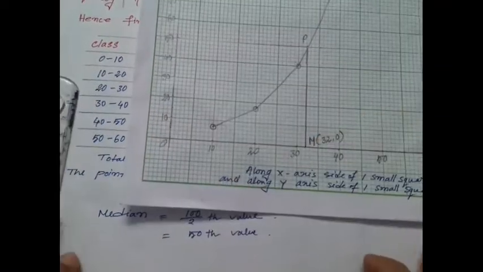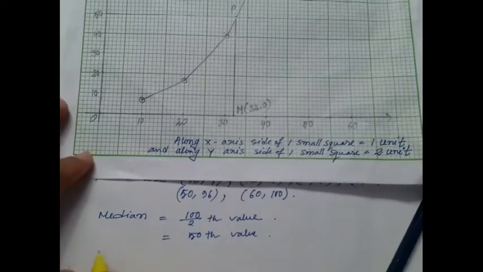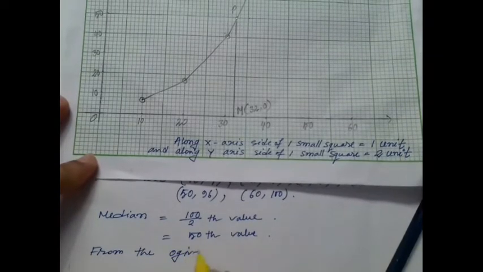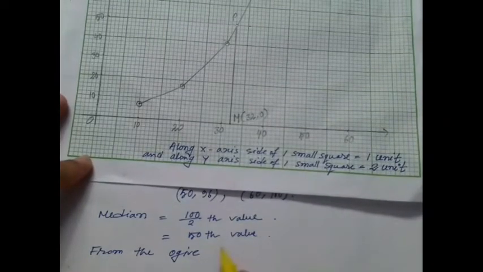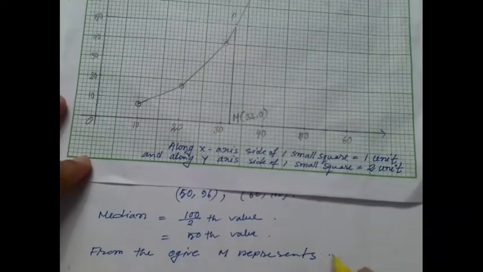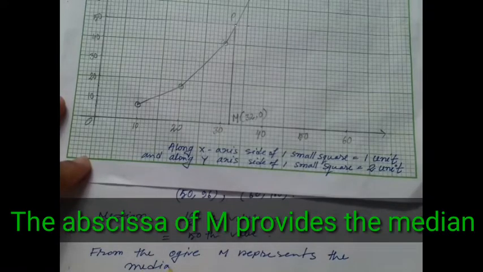Okay, so you have to write now: from the ogive, M represents the median.